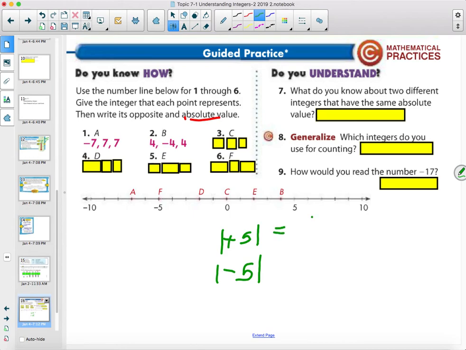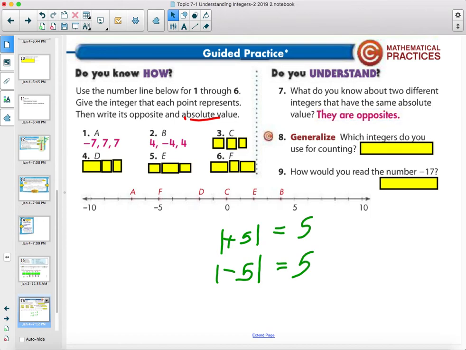The absolute value there is 5, and there is 5. What can you say about that? They're opposites. Yep. Which integers do you use for counting? You're going to use the positive ones because you're counting. How would you read the number -7?